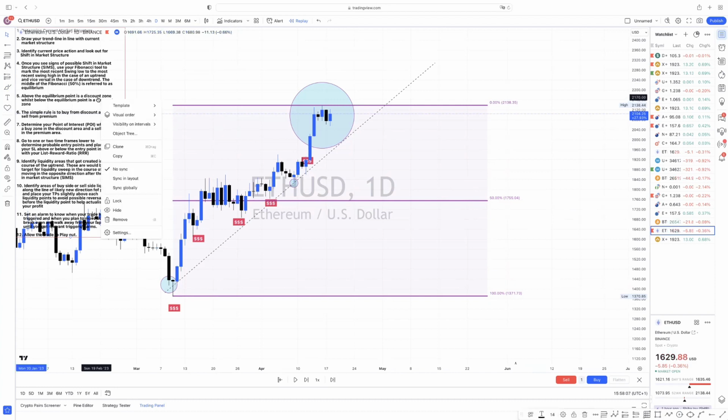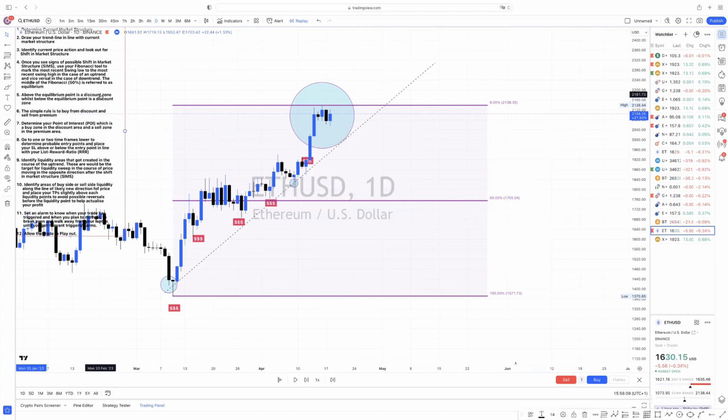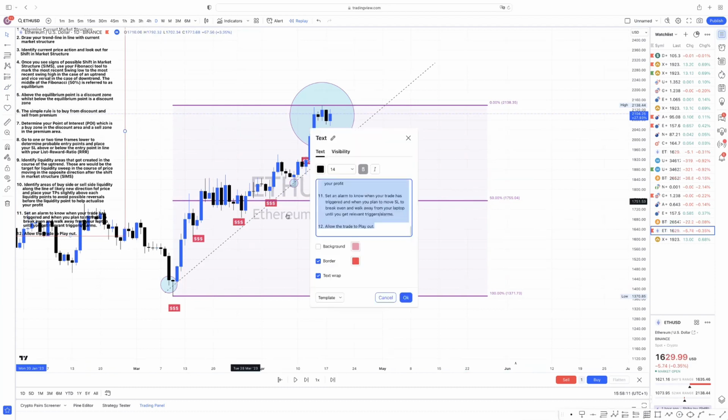Sorry, is a premium zone. Please pardon me, let me correct this. Above the equilibrium area is the, let me just correct this very quickly, is the premium. Sorry, this is not discount. Guys, pardon me. This is the premium zone, while below the equilibrium is the discount zone.